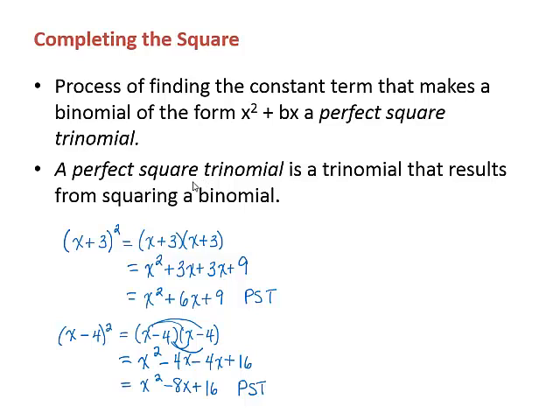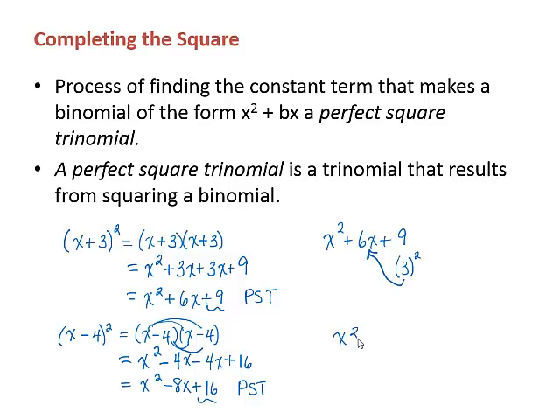So the question is, how does this constant in the perfect square trinomial relate to the other terms? If we look at x squared plus 6x plus 9, note that 9 is 3 squared, and 3 is half of 6.